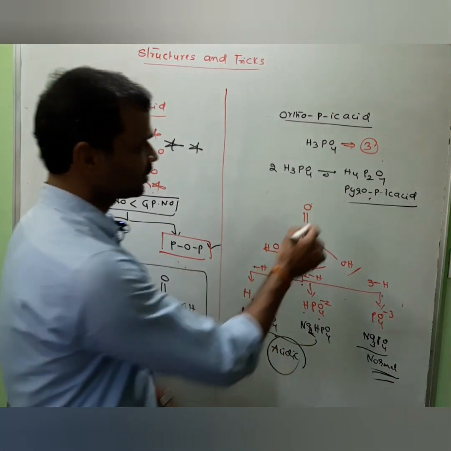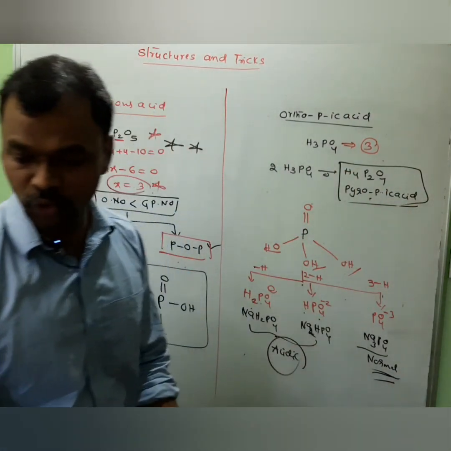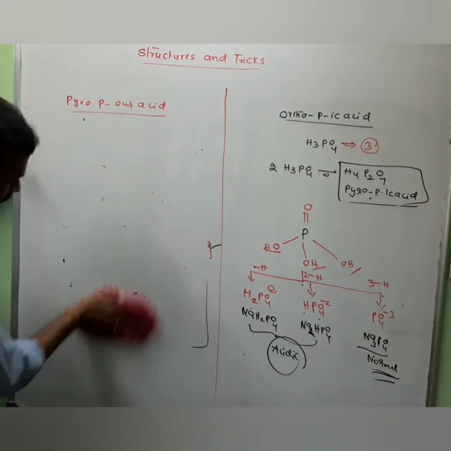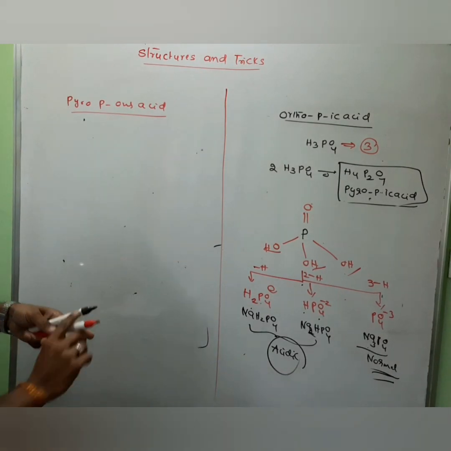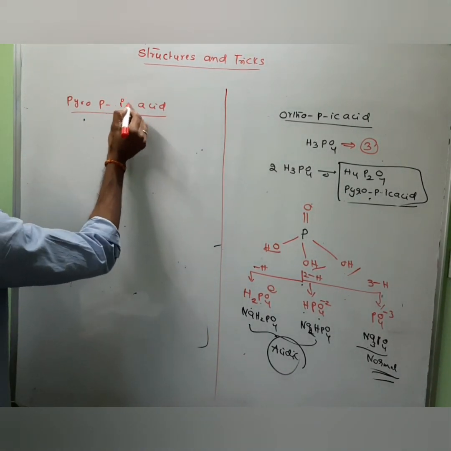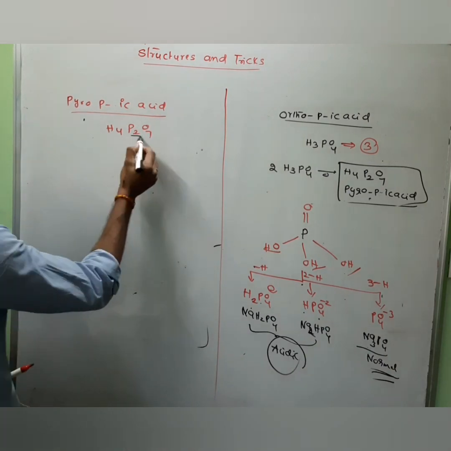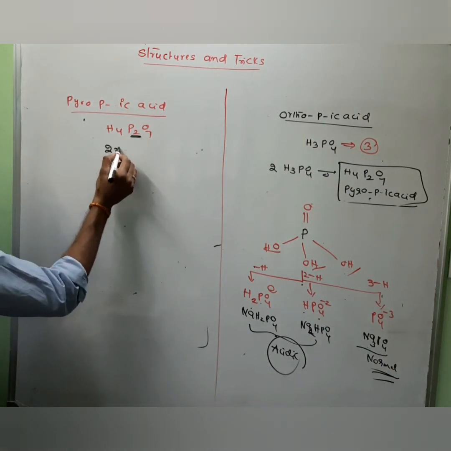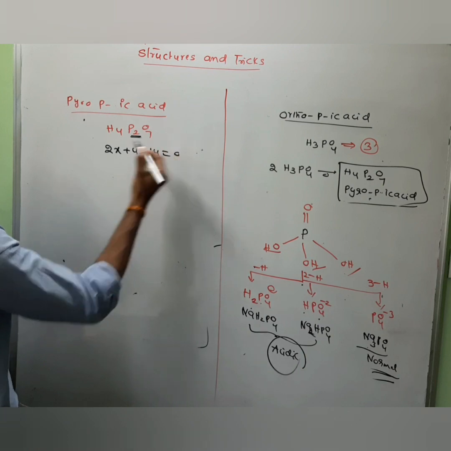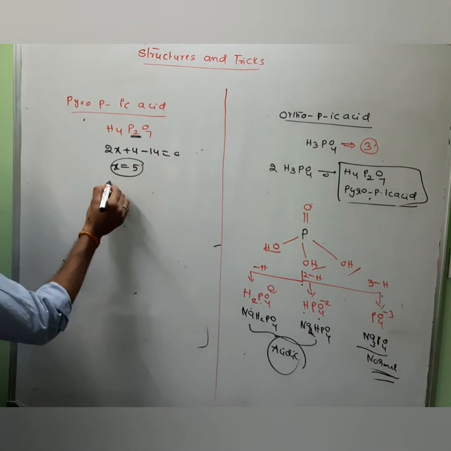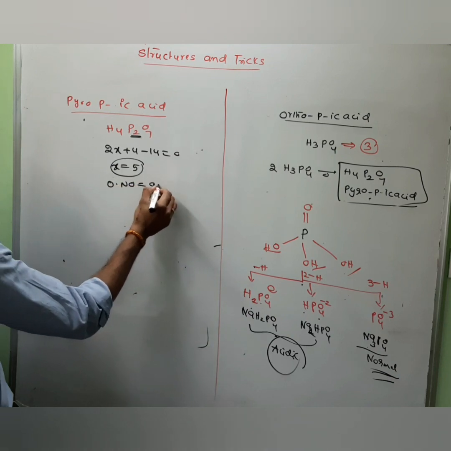So if basicity is more than 1, they form acidic salts. Now let us discuss the structure of H4P2O7. Same thing, concentrate on the board. We call it pyrophosphoric acid. The formula is H4P2O7. Let us find the oxidation number: 2x + 4 - 14 = 0, and x we get as 5. That means oxidation number equals group number.